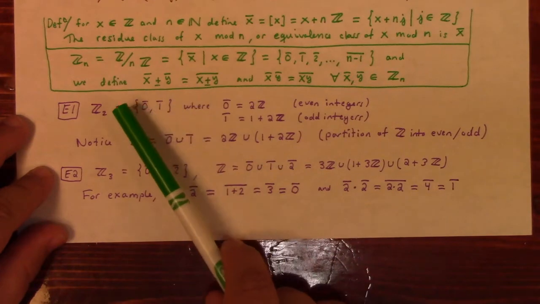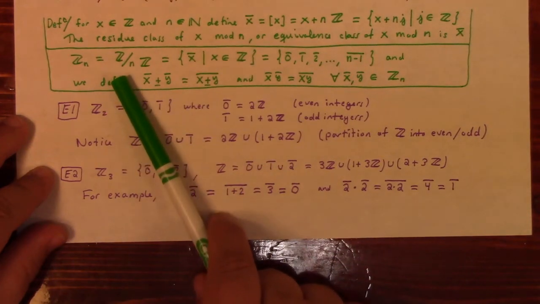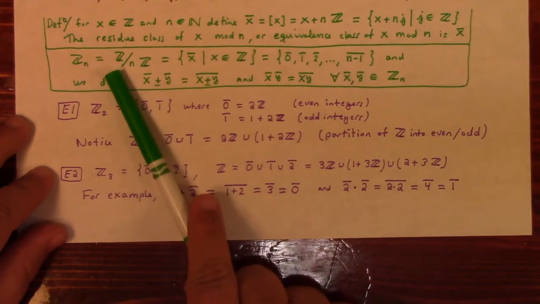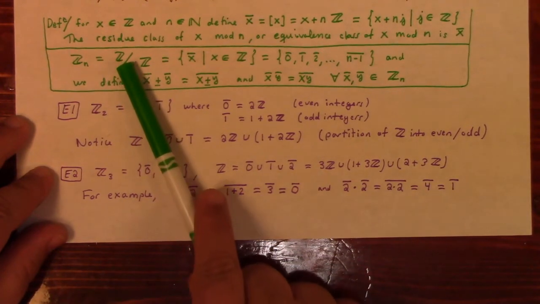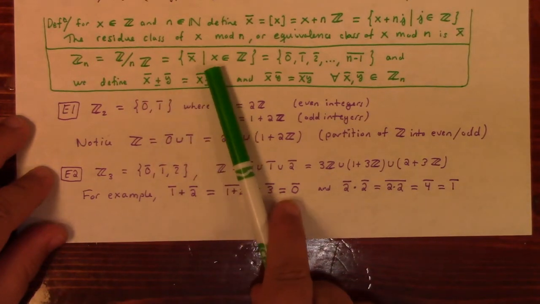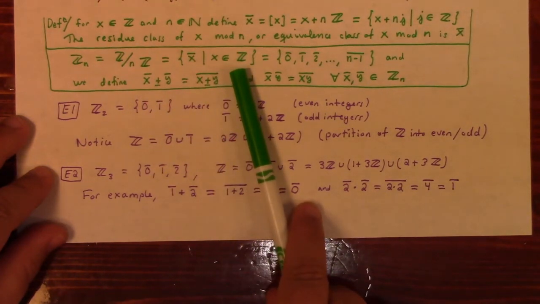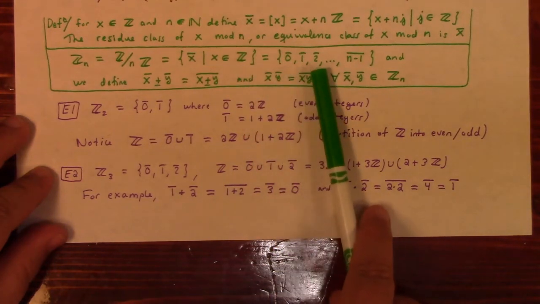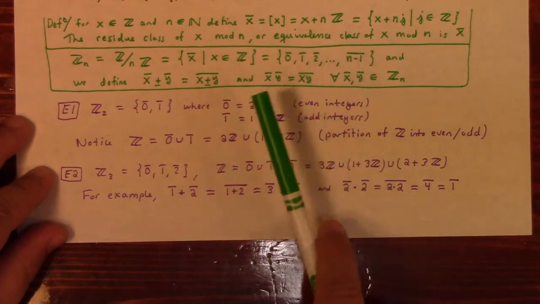And the set of all residue classes mod n is denoted by Z sub n, or you can also read this as Z mod n, or Z mod nZ sometimes people say. And that's just x bar such that x is in Z. But a complete list of that would be 0 bar, 1 bar, 2 bar, up to n minus 1 bar. All right.